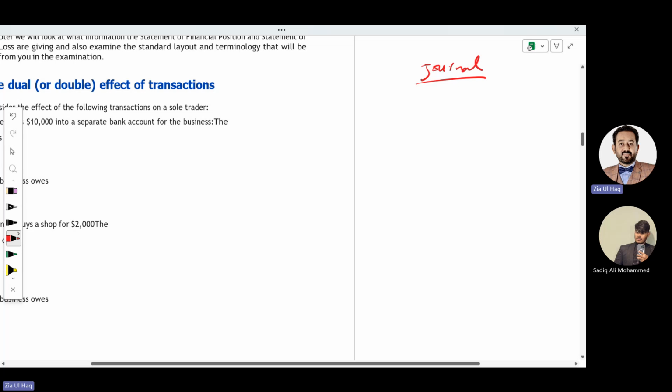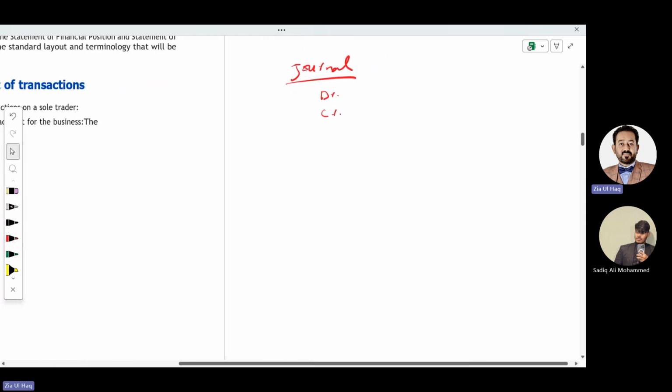How do we record a transaction? We record something as a debit and something as a credit. If we are adding a debit of, say, 10,000, there should be something as a credit of the same amount.